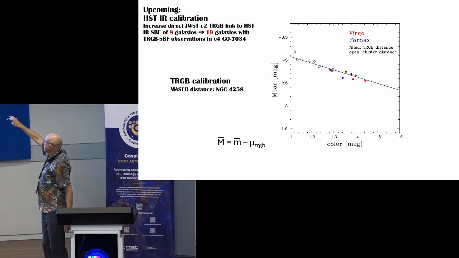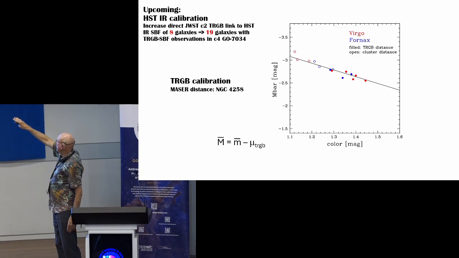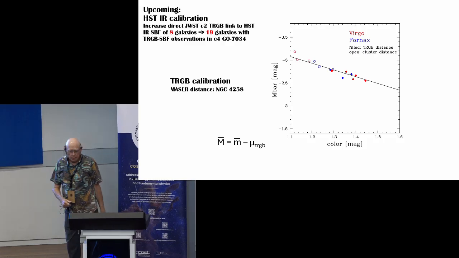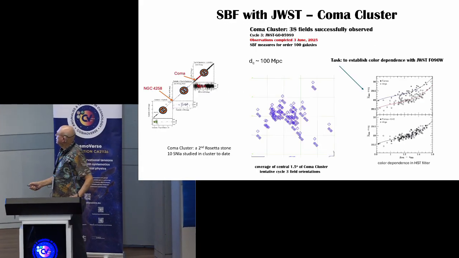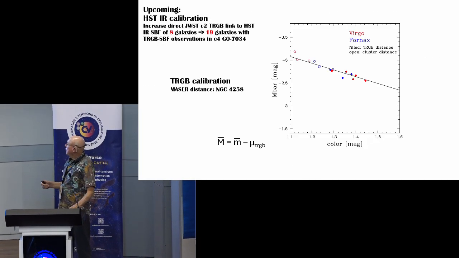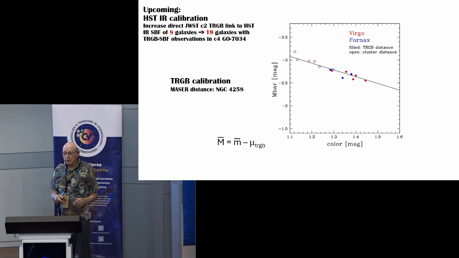We'll be approximately doubling the number of calibrator galaxies, and we'll also be increasing, from available observations with our SNAP programs, to about 250 Hubble Space Telescope surface brightness fluctuation measurements going out to about 100 megaparsecs.